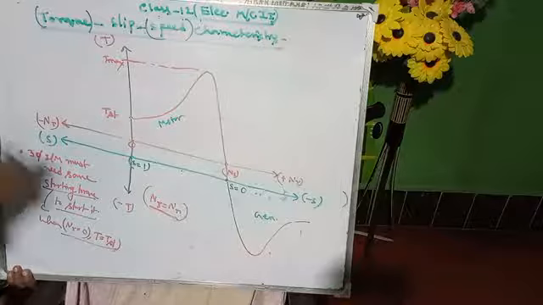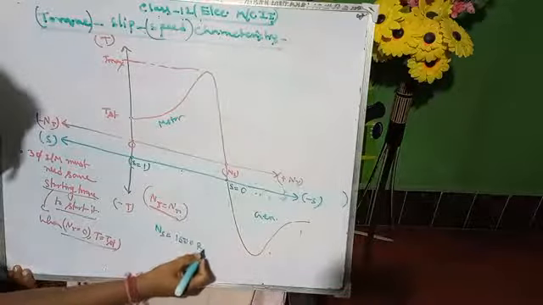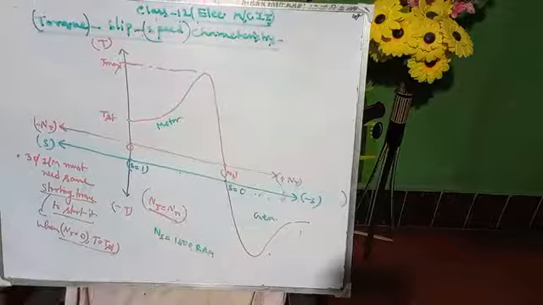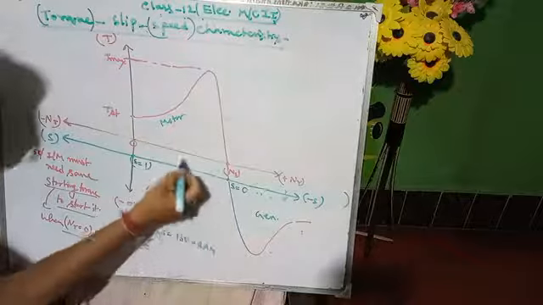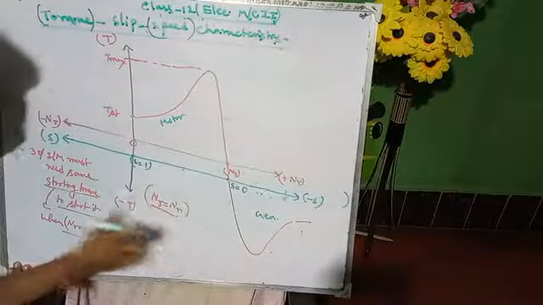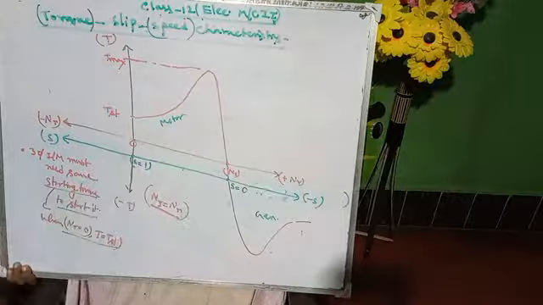Suppose we take ns equals 1500 rpm, for example. Now write some points over here.